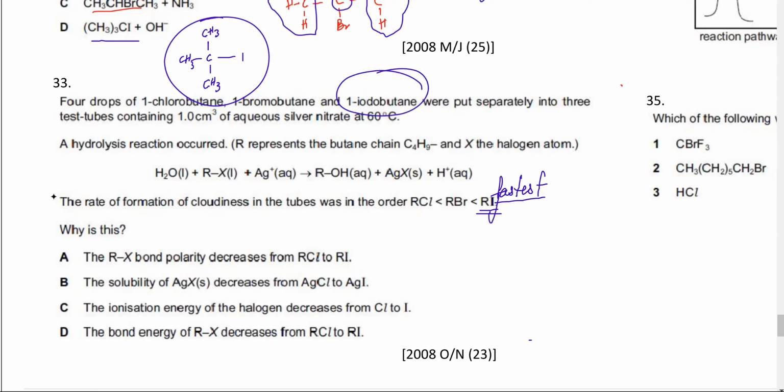So it has a very weak bond. The bond energy of RX, यानी R-halogen, decreases from RCl to RI. तो आयोडीन वाले जो halogenoalkanes होते हैं, they have the fastest reaction.